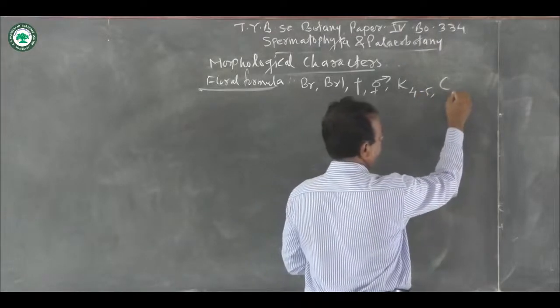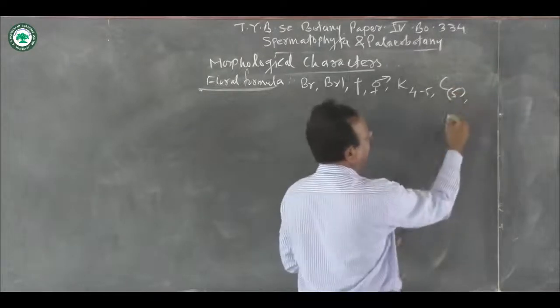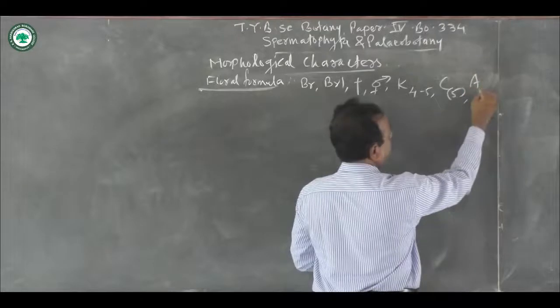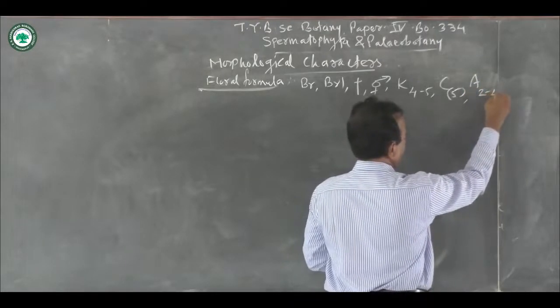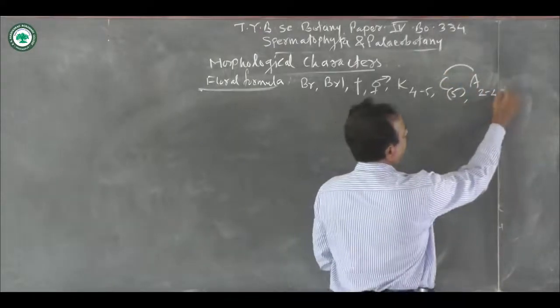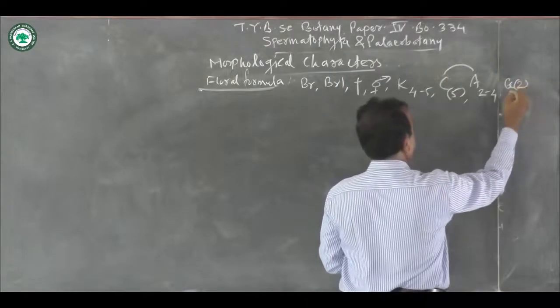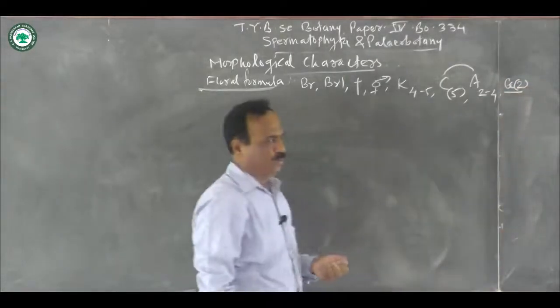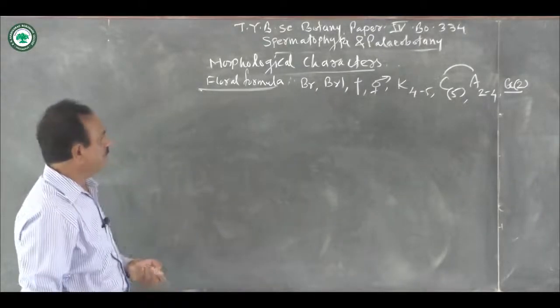Corolla, petals, they are 5, united, gamopetalous. Androecium, stamens 2 or maybe 4, they are epipetalous. And gynoecium consists of 2 carpels, syncarpous and superior ovary. So this is about the floral formula.